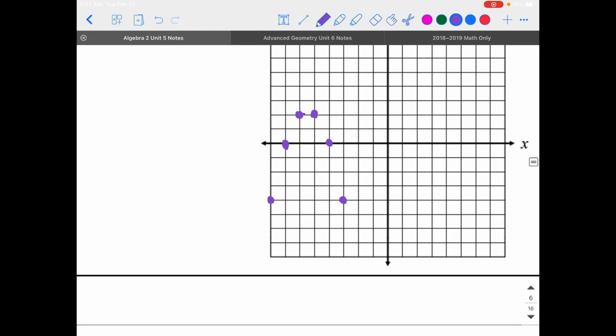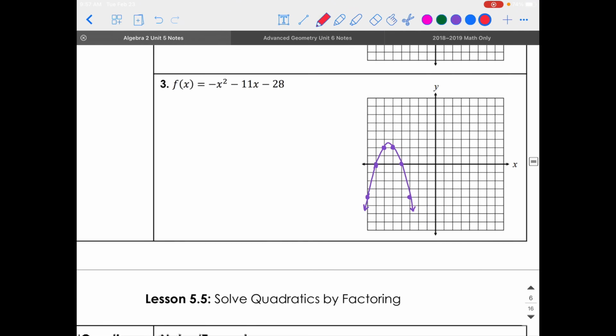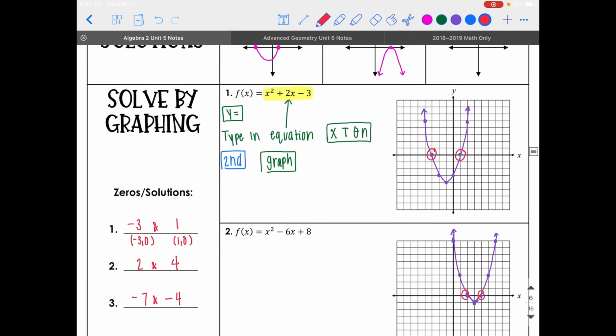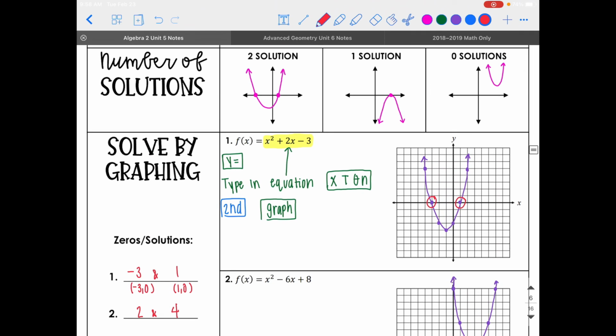And notice this one, it looks like here at the top it would go straight over, but parabolas don't do that. The vertex on this one just happens to go up just a little bit like that. And we're looking for these x-intercepts, so -7 and -4. That's all for graphing. If you have any questions, feel free to ask.